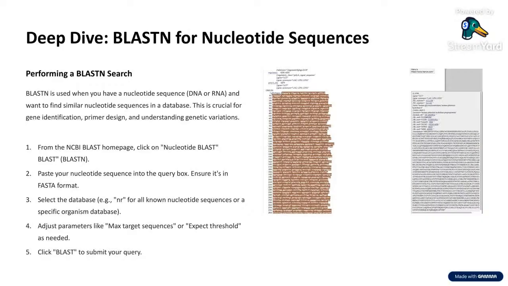Choose first of all the nucleotide BLAST, then paste your sequence in FASTA format, and then select the NR database. Optionally, set the E-value and maximum number of target sequences, then click BLAST. Within a short time, you will receive matches from similar sequences, possibly from bacteria, virus, or even a host, depending on your query. BLASTN is perfect for gene annotation, species identification, or primer designing.